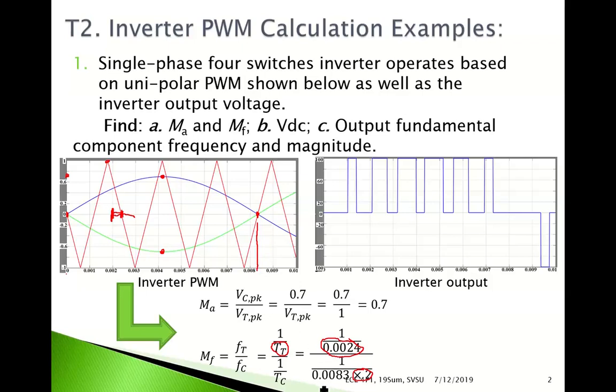So it's about 0.0003. And then plus the time reading here, which is 0.008. You end up with half cycle of control signal is 0.0083. So by this calculation, you end up with around 7 as MF value. We always try to have an integer as the result of MF.